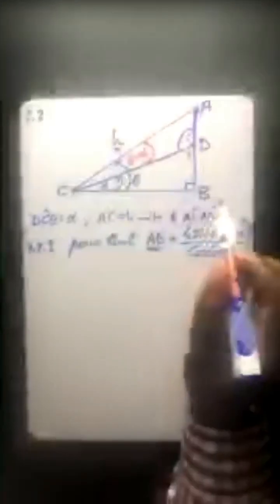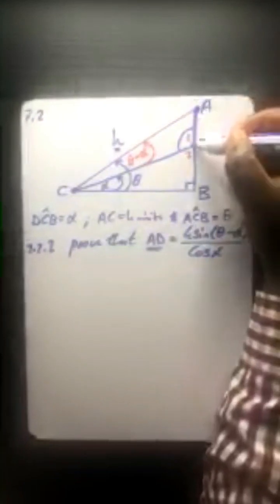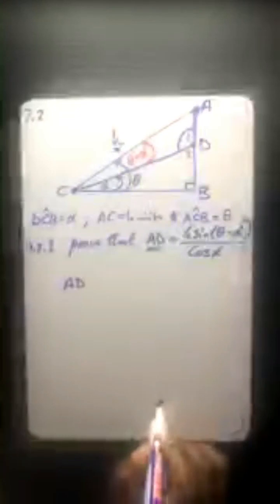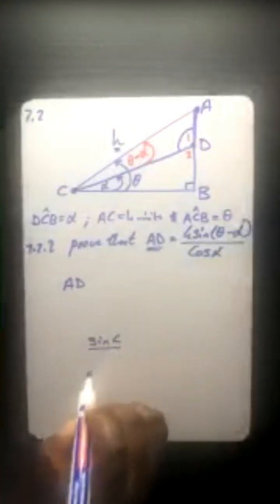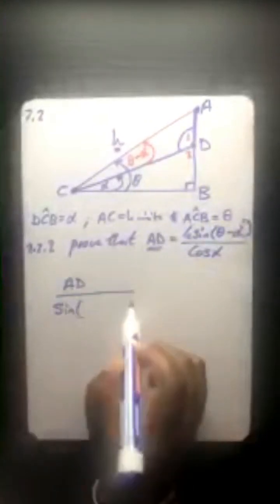So let's see, what does the sine rule say? Since I'm looking for the side AD, that is why I'm going to write the side at the top being AD. If I was looking for the angle, I would write sine of the angle at the top. So because I'm looking for the side, I'm saying side AD over sine of the angle opposite to AD, that is the angle theta minus alpha.